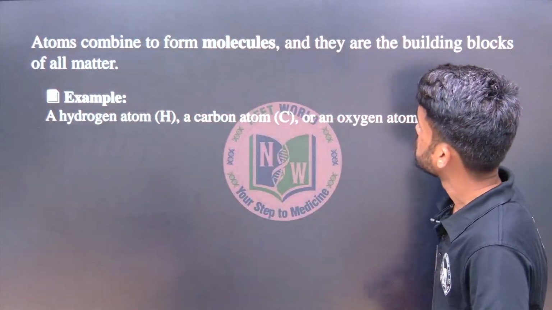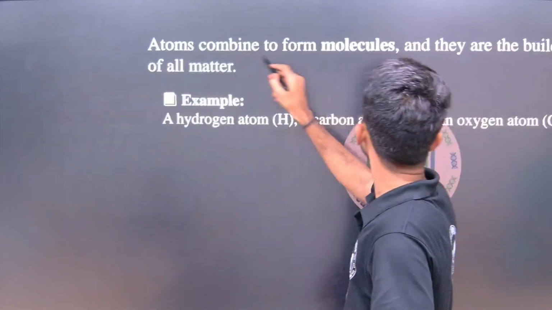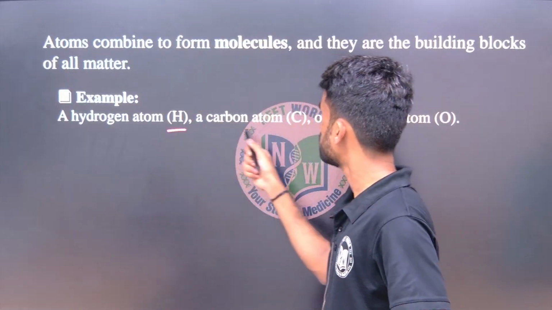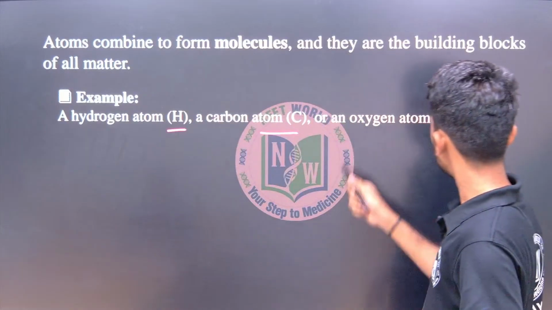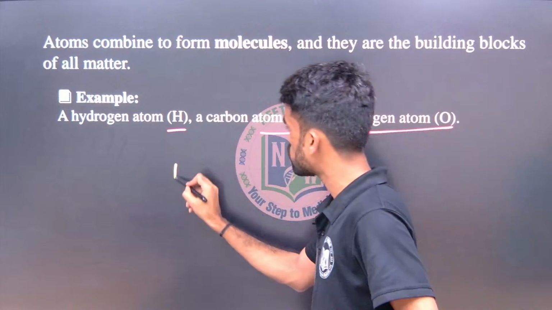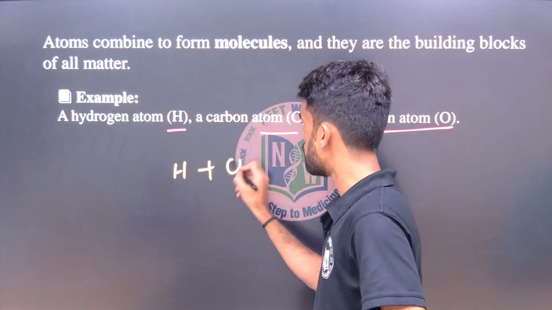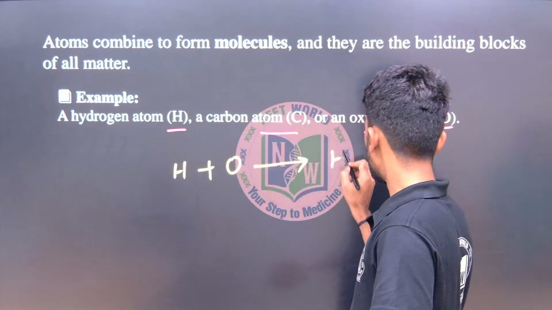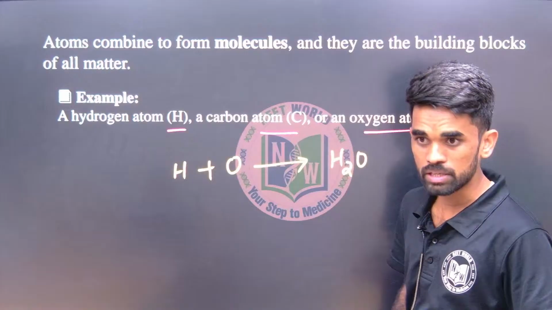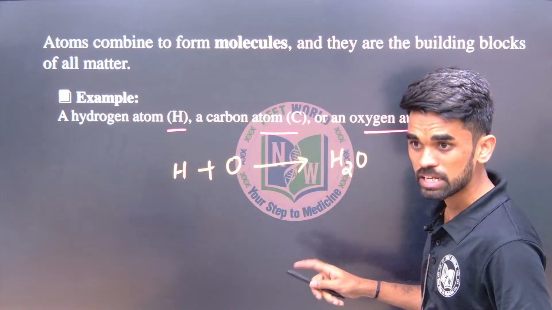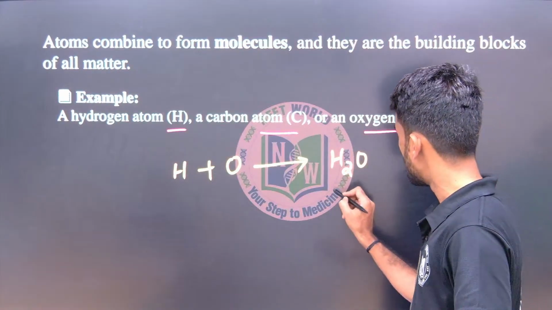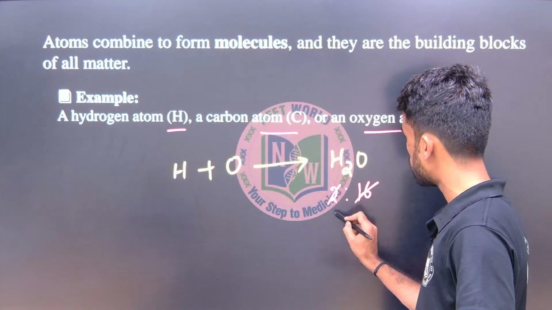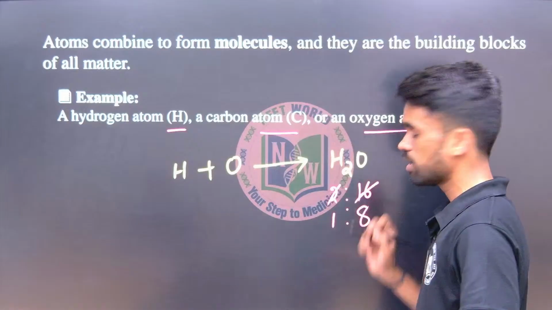Next, atoms combine to form molecules. For example, hydrogen atoms and oxygen atoms combine in a specific ratio, which we discussed, to form a water molecule. That mass ratio is 2:16, that is, 1:8.